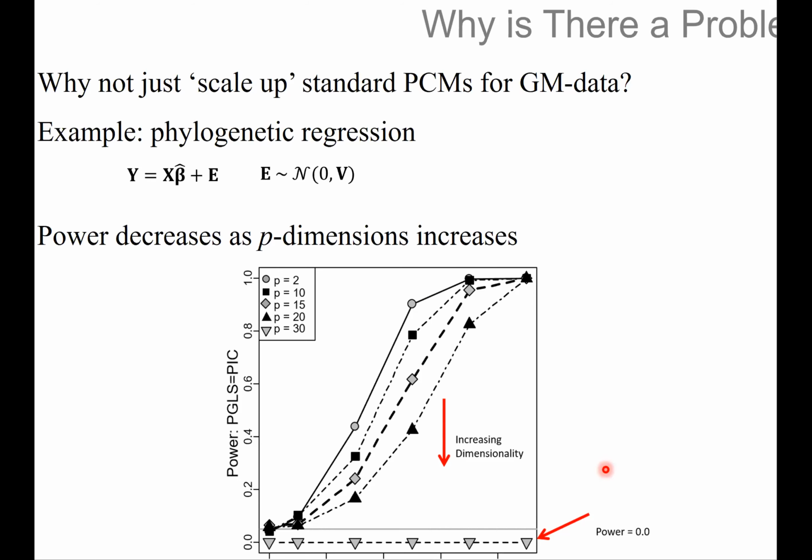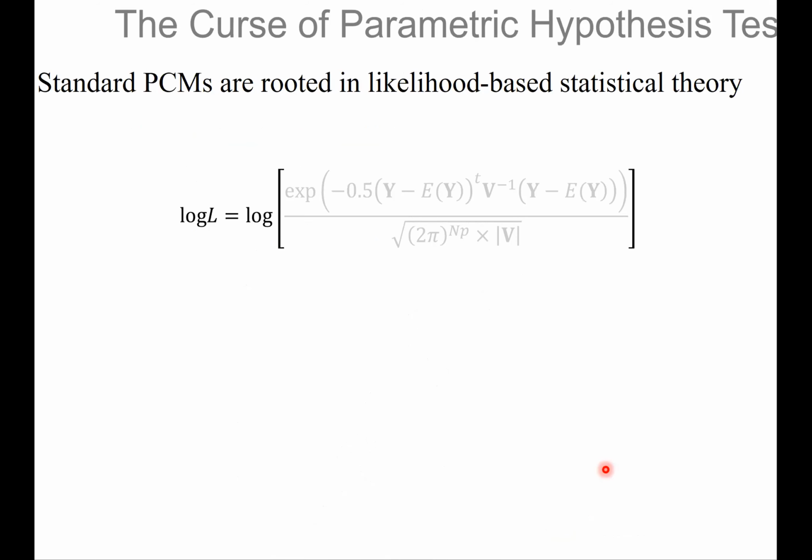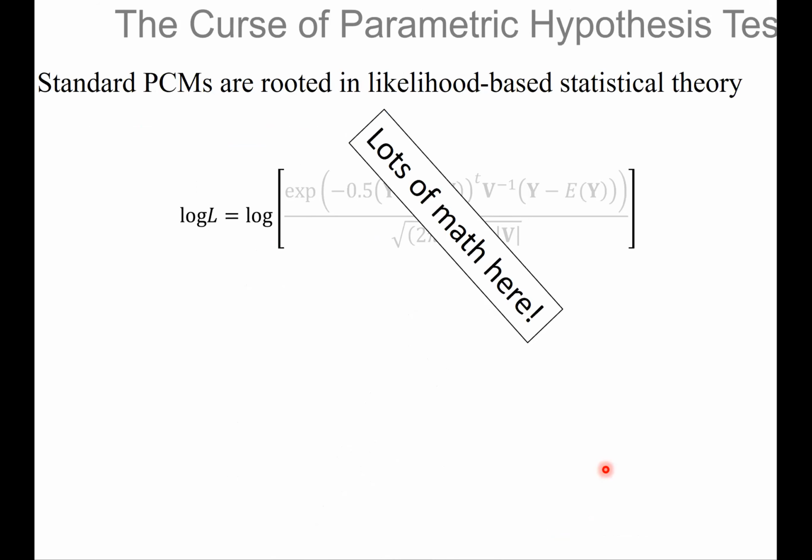Why does that occur? Well, it occurs for a very simple reason, log likelihood, right? All of our statistical theory, parametric theory, is based on likelihood equations. I won't go into the details of that. I can summarize the problem rather simply.